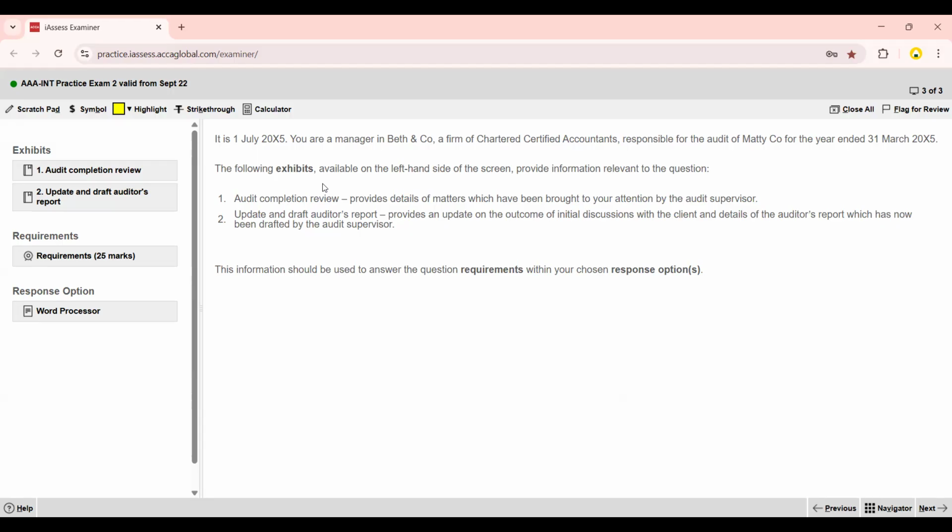If there is any inconsistency in the other information, such as the director's report, chairman's review report, or company accounts, then we should discuss it with the management to resolve this inconsistency. If management does not resolve the inconsistency, then we will communicate it to those charged with governance. And if the matter remains unresolved, then the auditor should include this matter in the audit report under the other information paragraph. Why? For better and clearer understanding of the users of the financial statement.